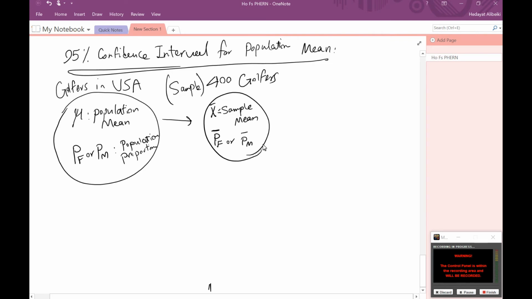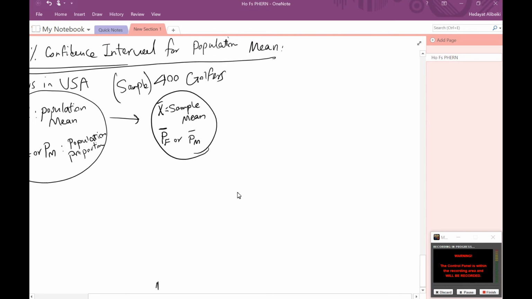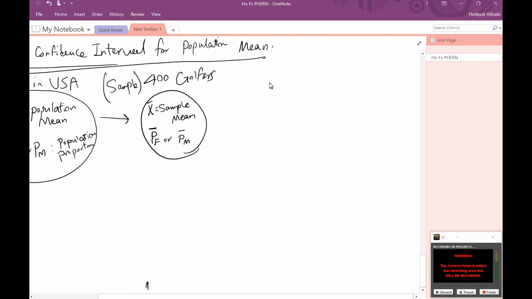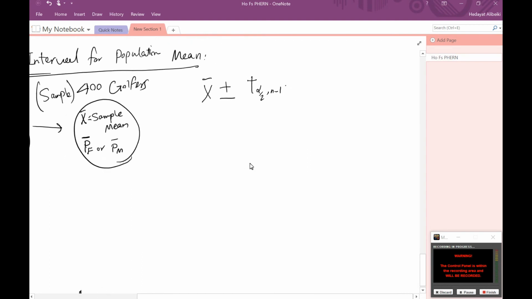The 95% confidence interval for population mean is, so the point estimate would be x bar plus or minus margin of error. Margin of error is the t value, t half of alpha with n minus 1 degrees of freedom, times standard error, which is s over square root of n.